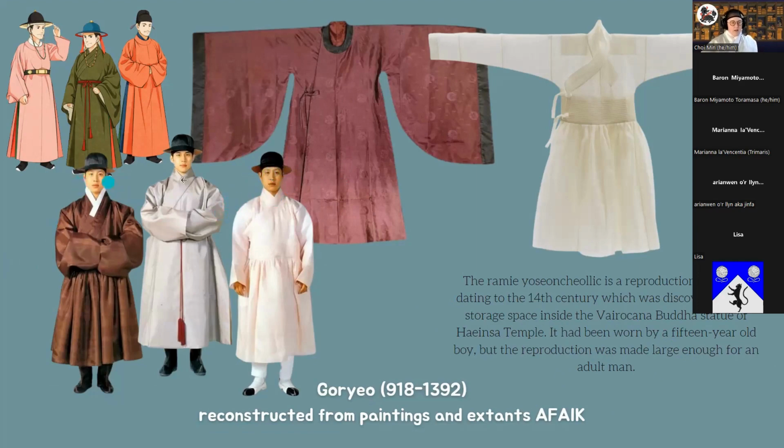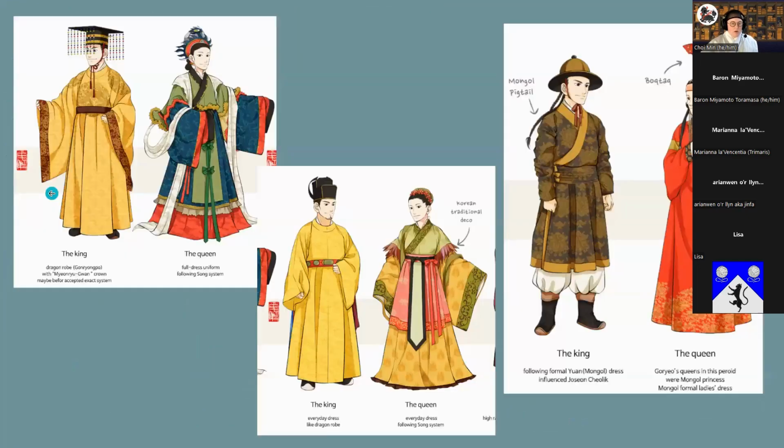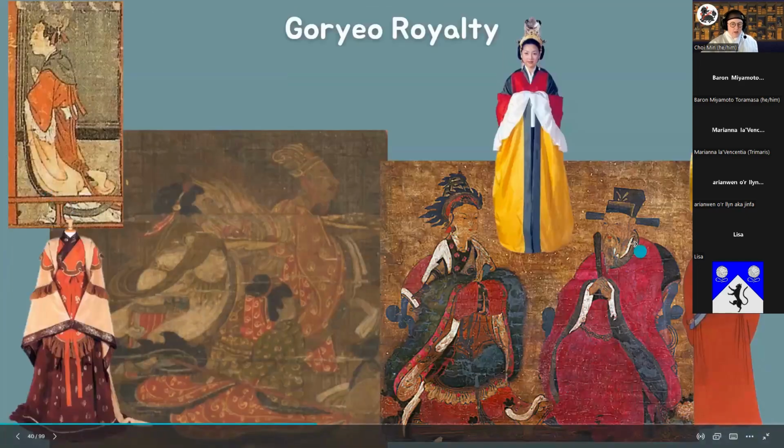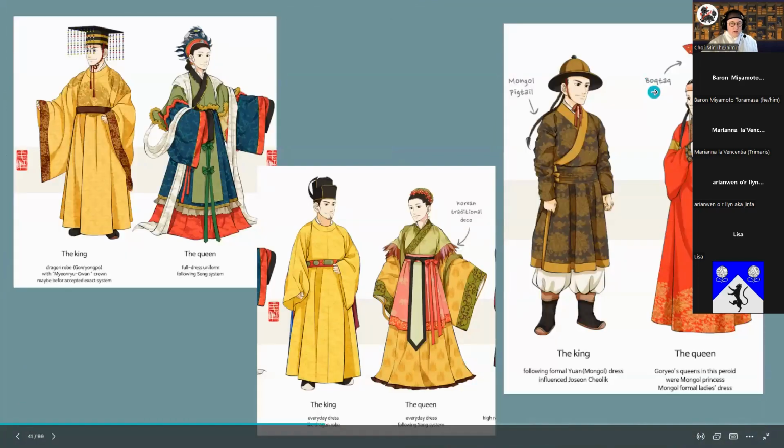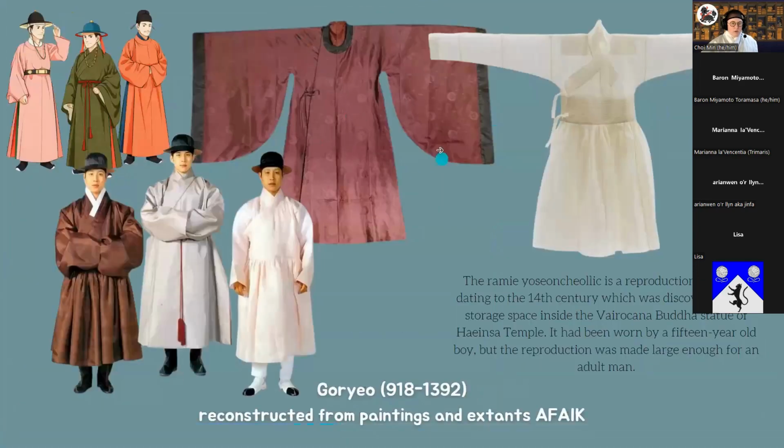It would have been about that width, but then it gets really wide really fast. And here is something that was labeled Goryeo, but it might be more like this outfit rather than just a regular Joshmo outfit.